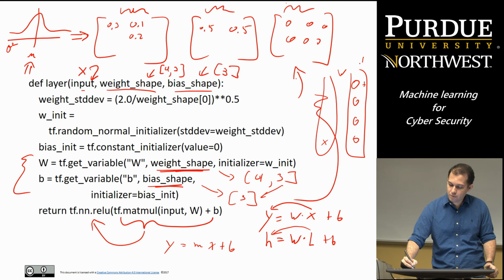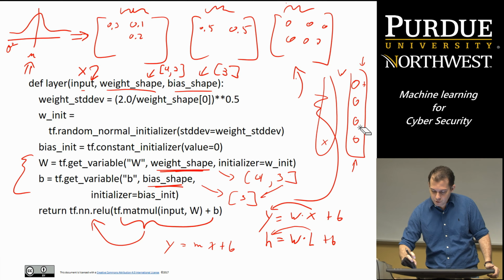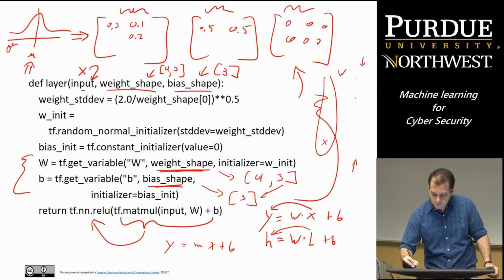So in the iris database, you said the weight shape is the number of input neurons and the number of output neurons. That's right. So this is 4 and 3. In the iris database, you're saying the bias shape is also 3. Yes, it is, because it corresponds to the output. So actually, this should be 3. Do you see that? So this is what you predict.